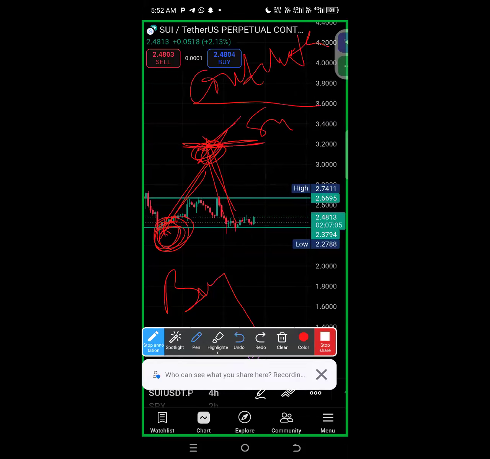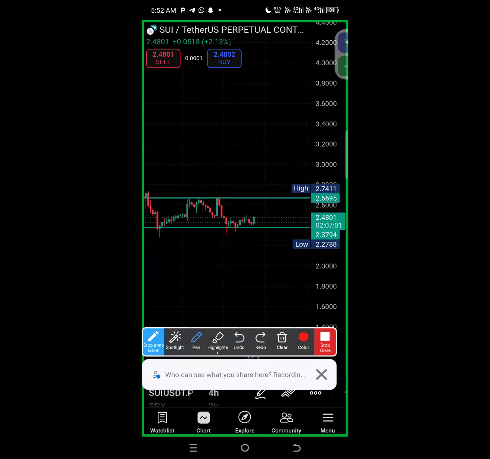So this is a typical example. You could clearly see how price reacted within this area, how it reacted before getting the clear picture of it. So at the end of the day, if you have this in mind, you could clearly see the zones. These are the zones.